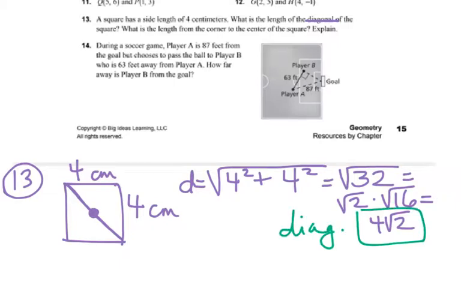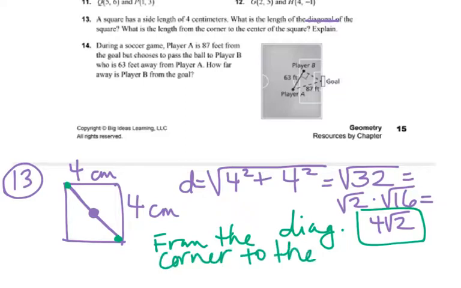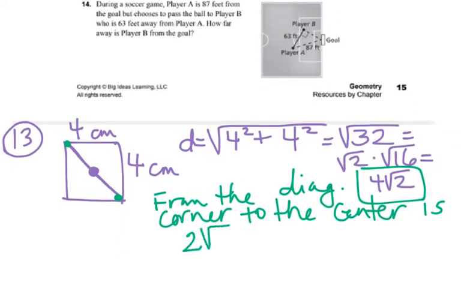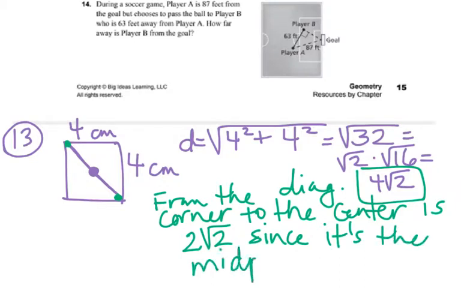Now if that diagonal from here to here is 4 root 2, then halfway, like from the corner to the center, is 2 root 2, since it's the midpoint.